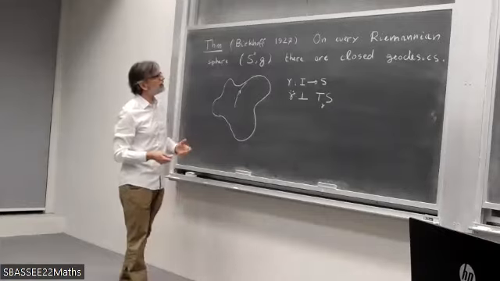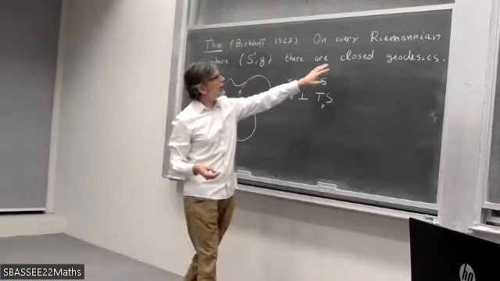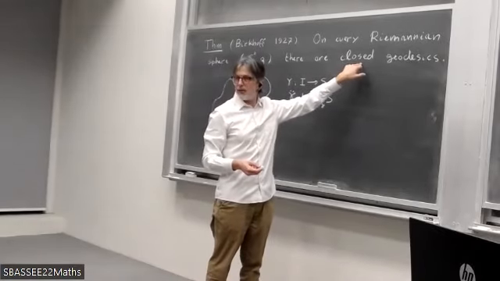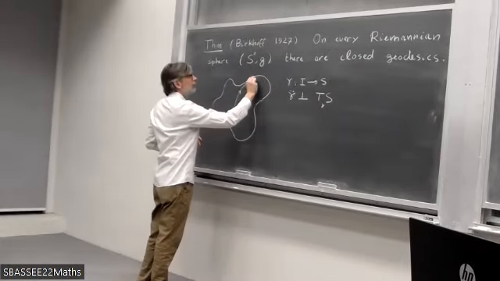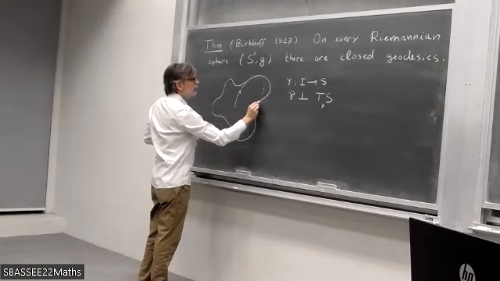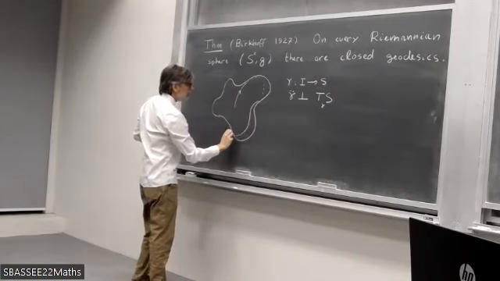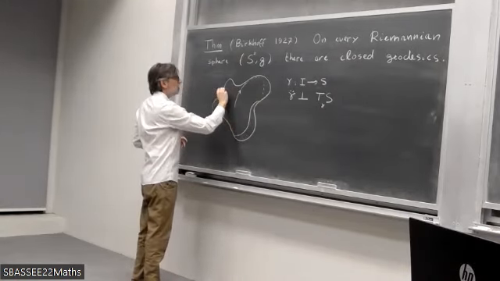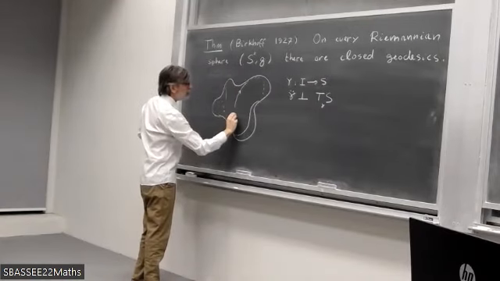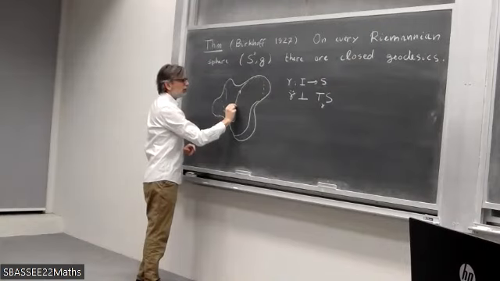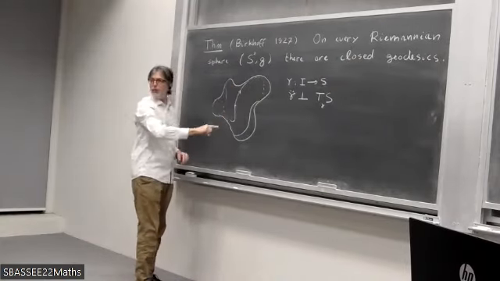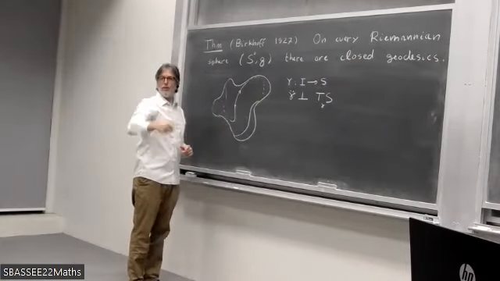Okay, these are geodesics, and Birkhoff was interested in closed geodesics. Closed here means that our geodesic goes on, does something, and then eventually gets back to the same point with the same velocity. So it goes on forever on this loop.